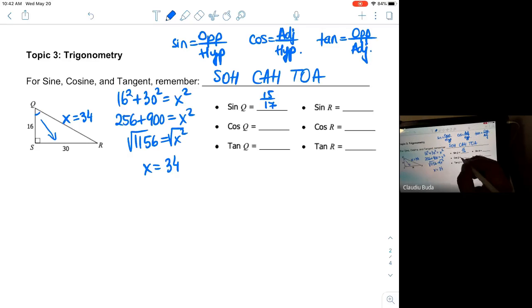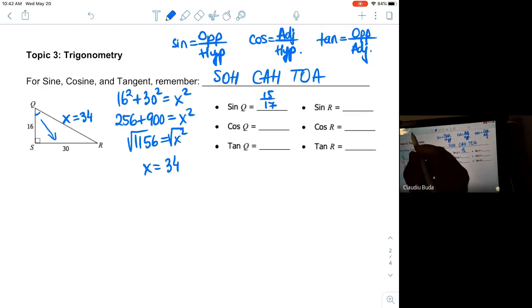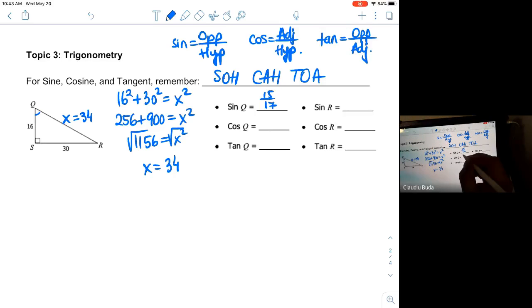Cosine of q is adjacent, which is 16 over the hypotenuse, which is 34. If we divide both by 2, that simplifies to 8 over 17.